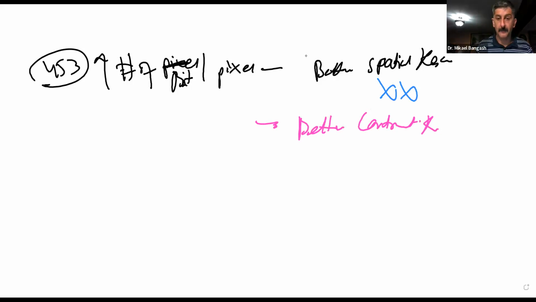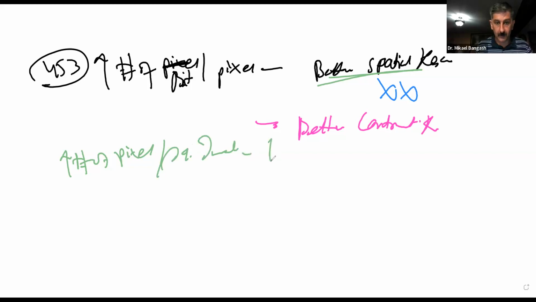Or will a greater number of pixels lead to a better spatial resolution? We're happy because that's a greater number of pixels per square inch. That will mainly mean a bigger pixel density, which will lead to a greater spatial resolution.